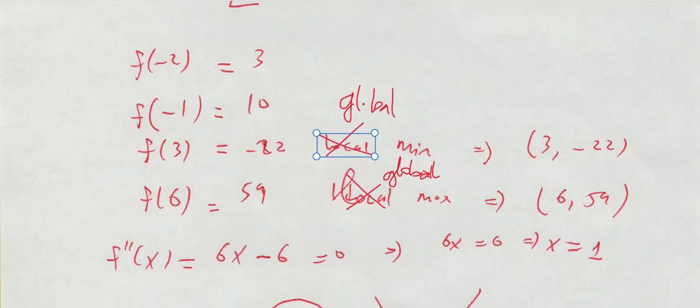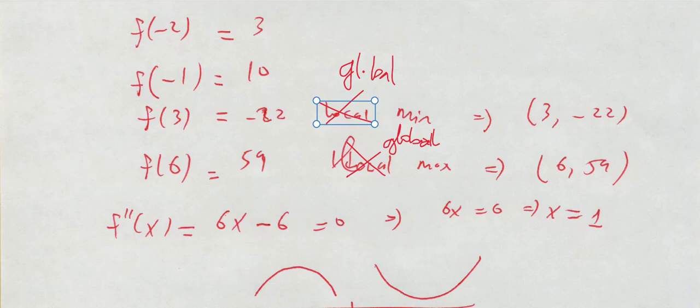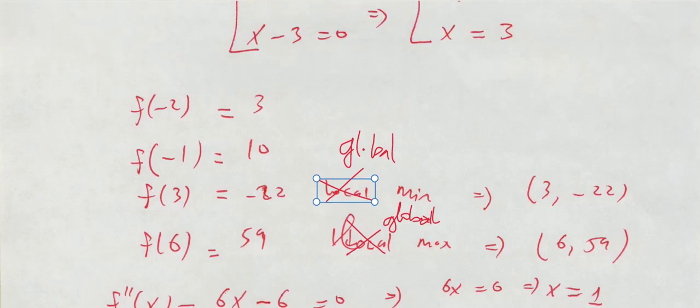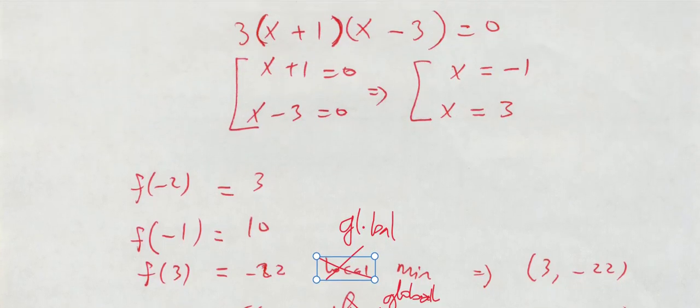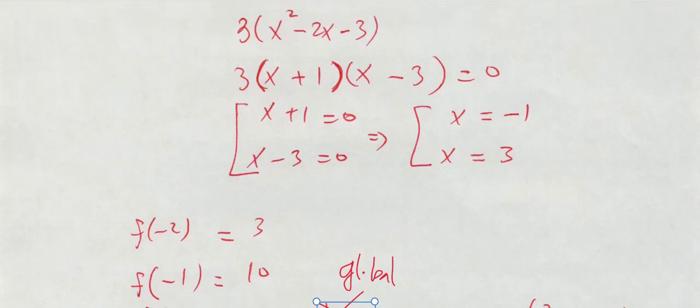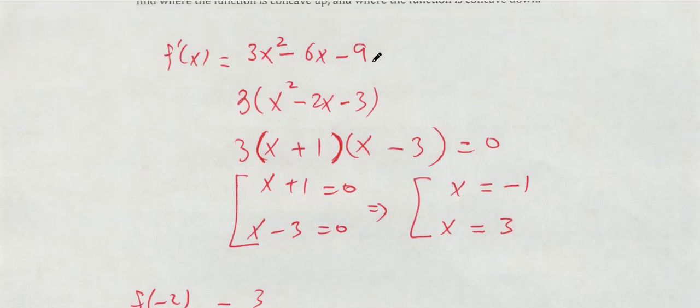Okay. The next one is to find the concavity of that. To find the concavity, we have to take the second derivative function, finding f double prime from f prime. Again, f prime is 3x squared minus 6x minus 9.